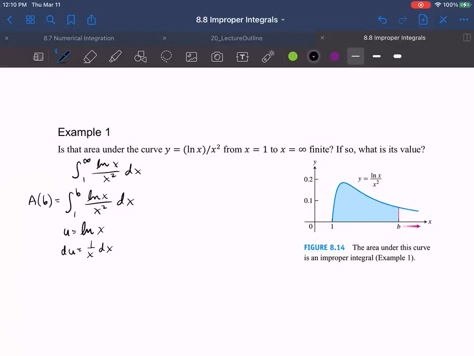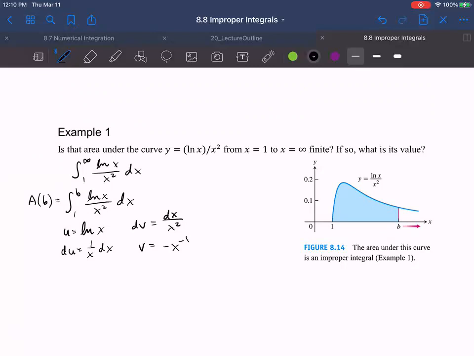And I shouldn't say substitution, I should say by parts, sorry. I said the wrong thing. And then dv will be dx over x squared, and so v ends up being negative x to the negative 1.